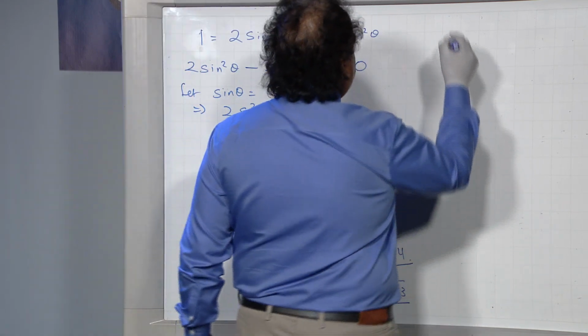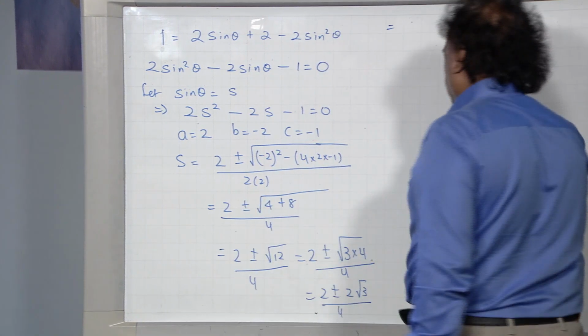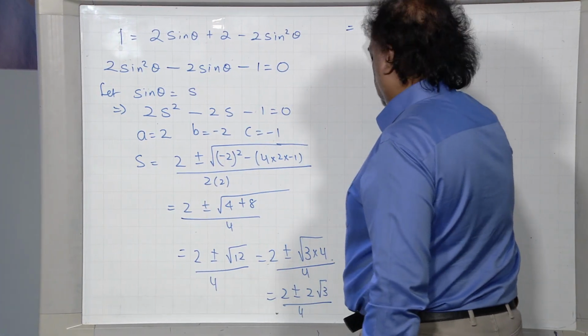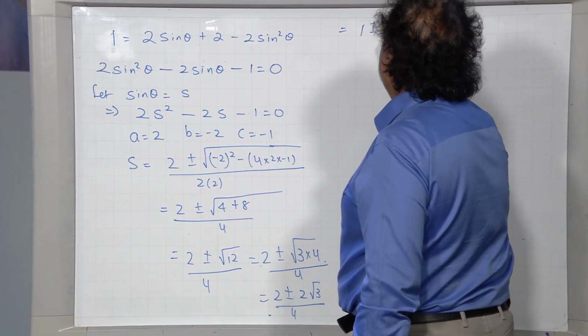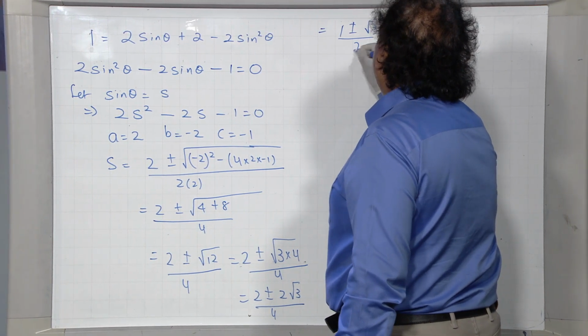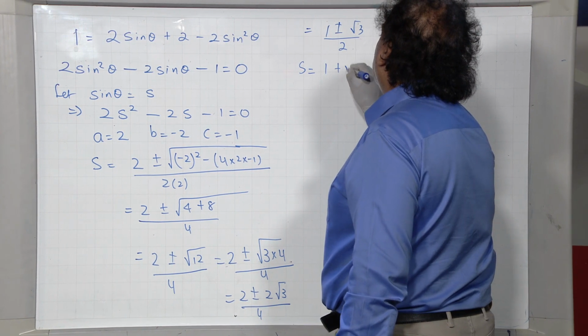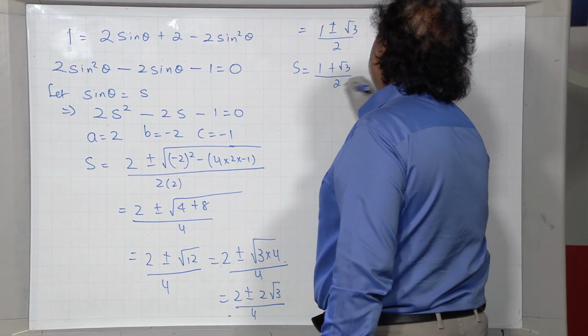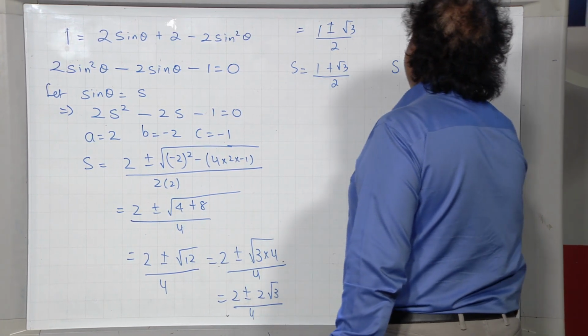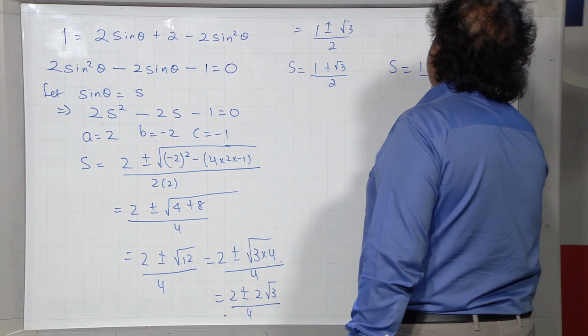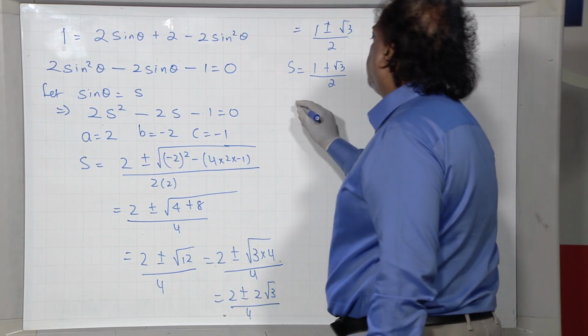So the answer is 1 plus minus root 3 divided by 2. So s is equal to either 1 plus root 3 divided by 2, or s is equal to 1 minus root 3 divided by 2.